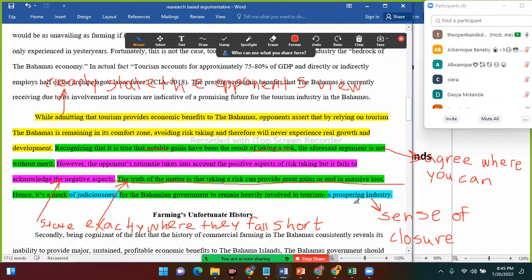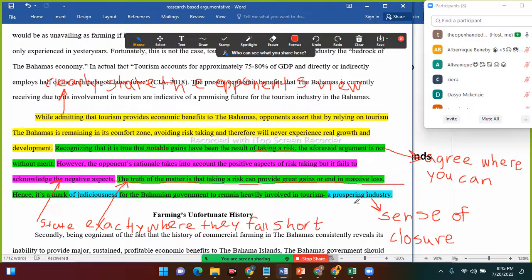I had to have something about that in the last sentence because I can't just say why they are wrong. I must show why my argument about tourism being a prospering industry still stands. We know it's working. We need to stay heavily involved in it because it's already working, in light of the fact that if we come off of it, we could lose big.